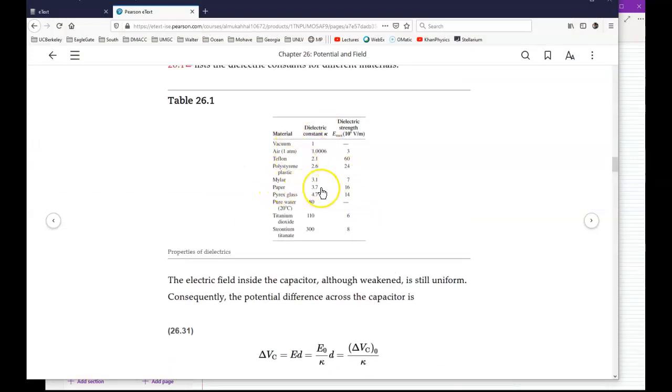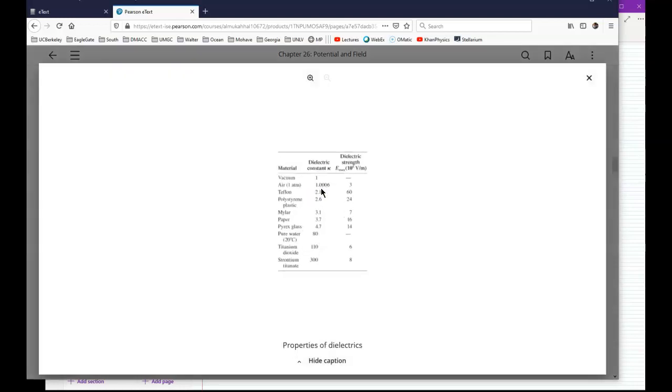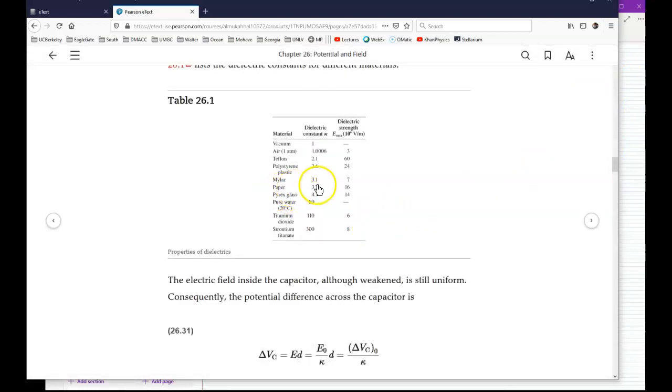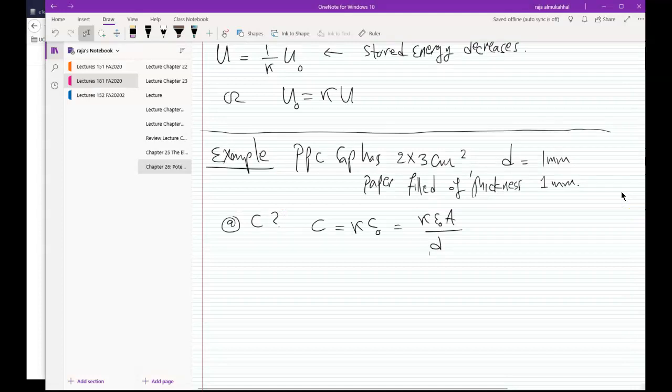The paper is right here. Anyway, so the paper here, 3.7. Do you see that, guys? So kappa is 3.7. Again, it's dimensionless.